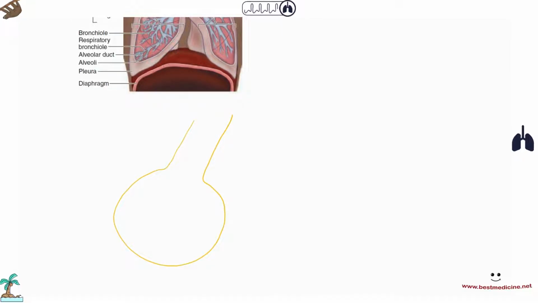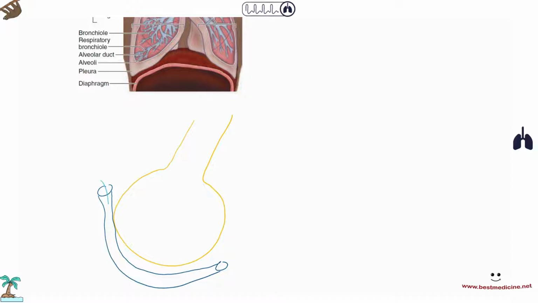And here's a blood vessel that is coming in, and it's bringing in fresh deoxygenated blood, right? This deoxygenated blood is going to have increased CO2 concentrations and low oxygen concentrations, while the air in the alveoli that is freshly coming in will have increased oxygen concentration.